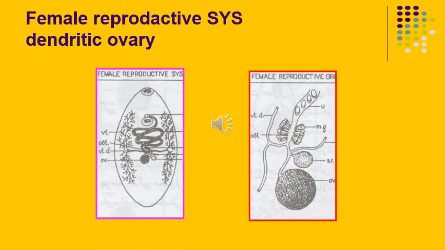In the right picture, you can see a greater magnification of the female reproductive system. In the posterior part, you can see the ovary, and after that, you can see the oviduct, and on the right, above the ovary, we have the seminal receptacle, and the spermatozoids are stored in this place.